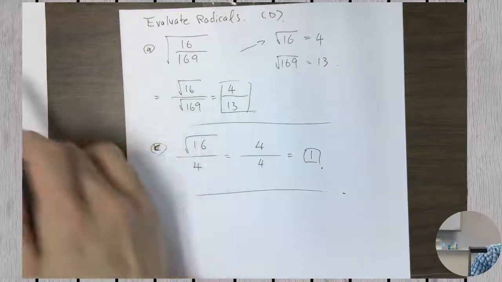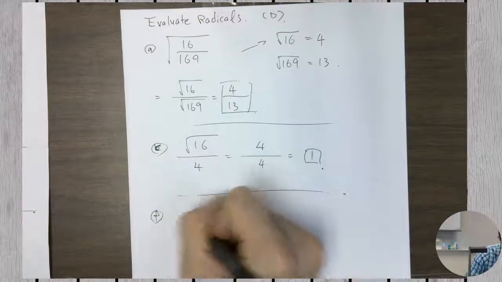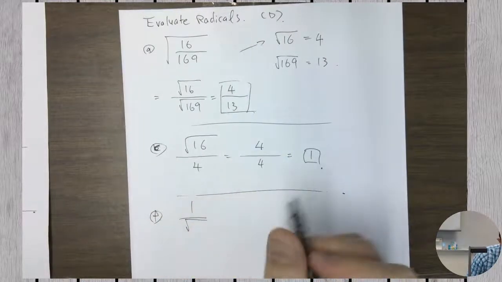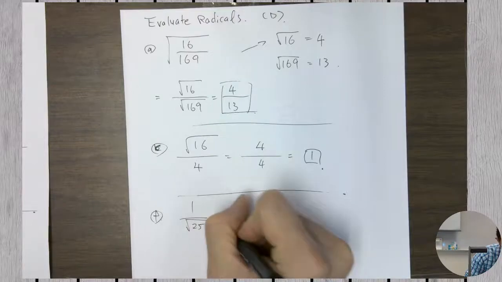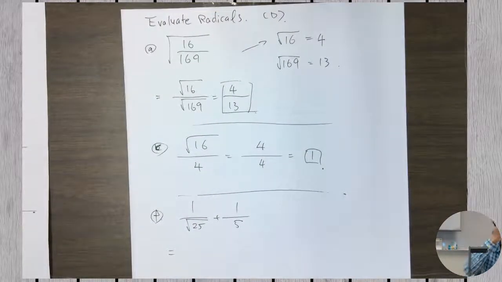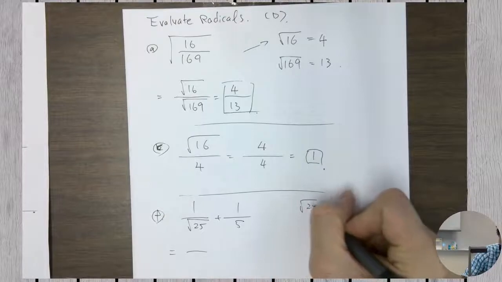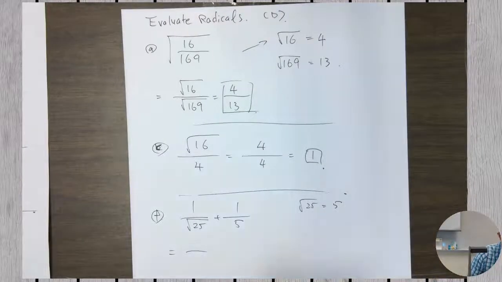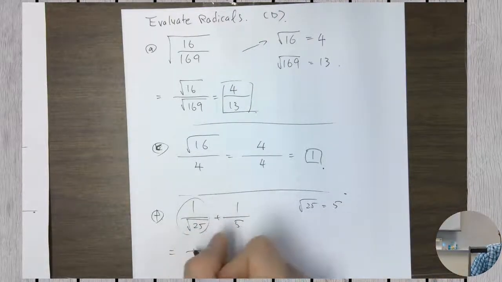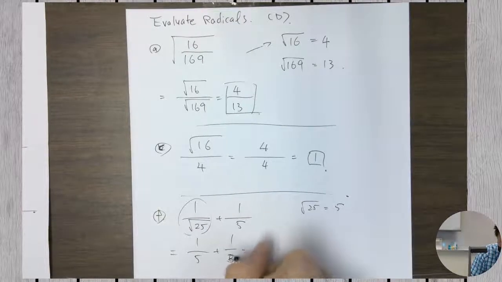Okay, we're going to skip a few ones. Maybe I'll show you F. Okay? If I have 1 over square root 25 plus 1 over 5, what should this be? Right, so this is your question F. We know square root 25 is 5, right? So we can rewrite the first fraction as 1 over 5 plus the second fraction 1 over 5.